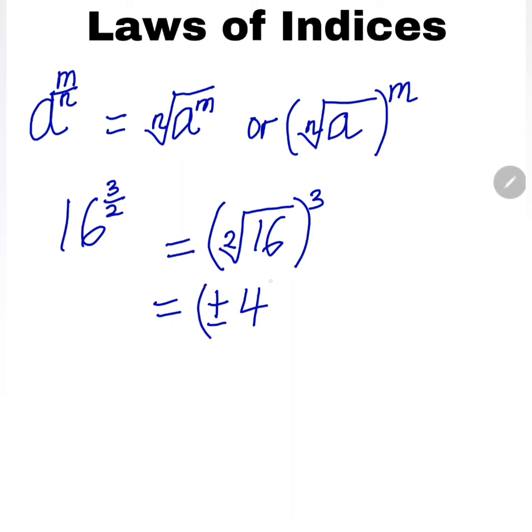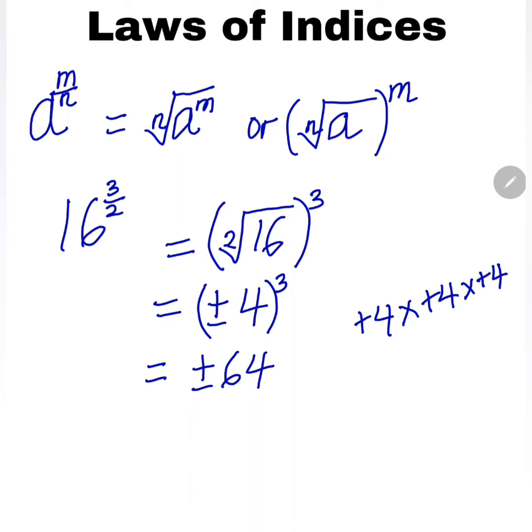Then you look for the cube. Then if you continue with this, you are going to get plus or minus 64 as your final answer. Why plus or minus 64? If you do plus 4 times plus 4 times plus 4, you are going to get plus 64.